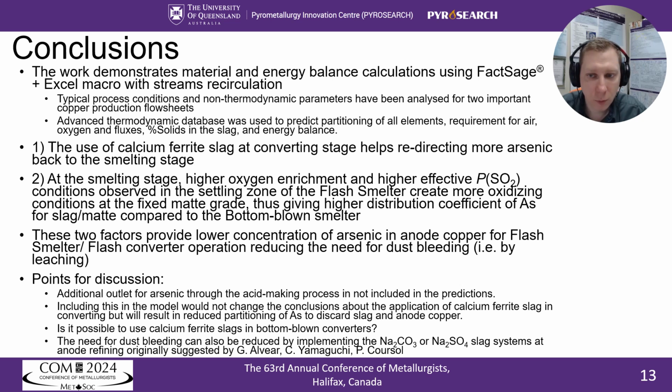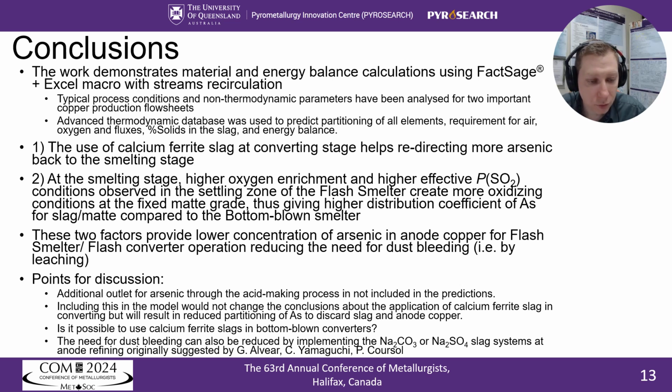There are some more points for discussion. For instance, an additional outlet for arsenic through the acid making process was not included in the predictions. Including it in the model would not change the conclusions about the application of calcium ferrite slags in converting, but will result in somewhat reduced partitioning of arsenic to discard slag and anode copper.